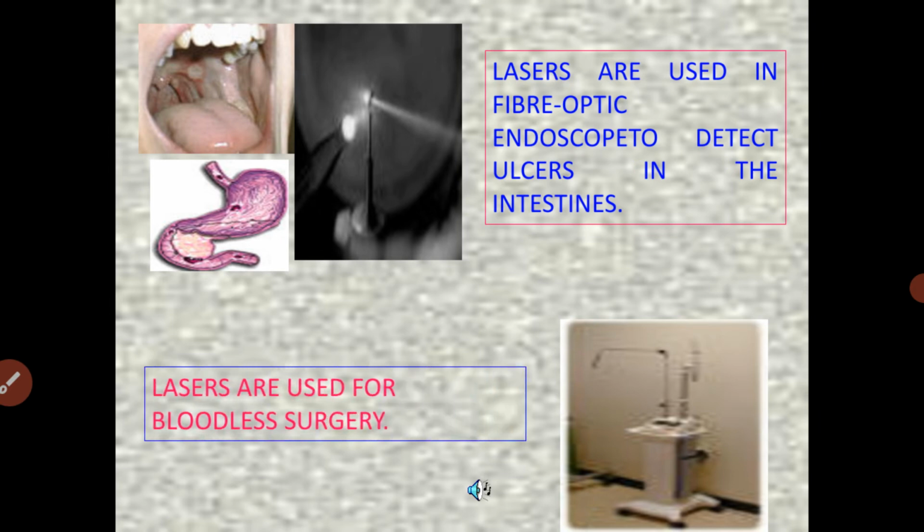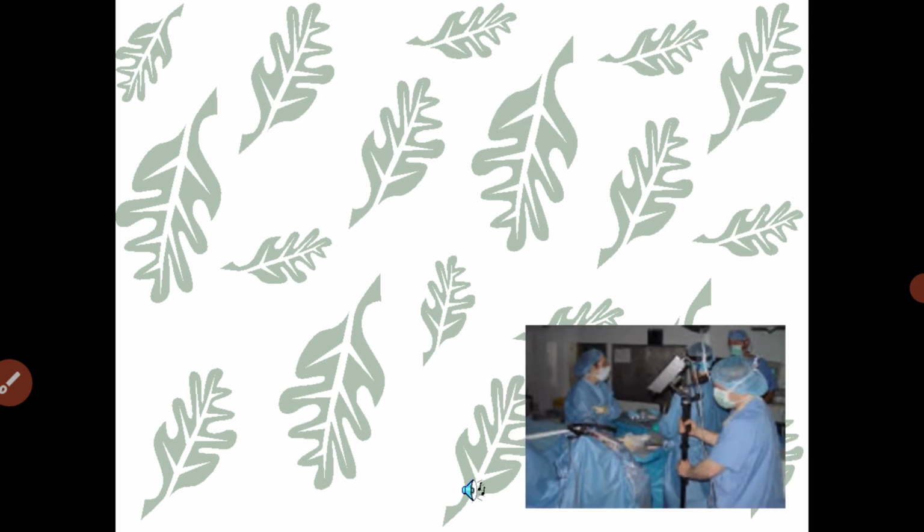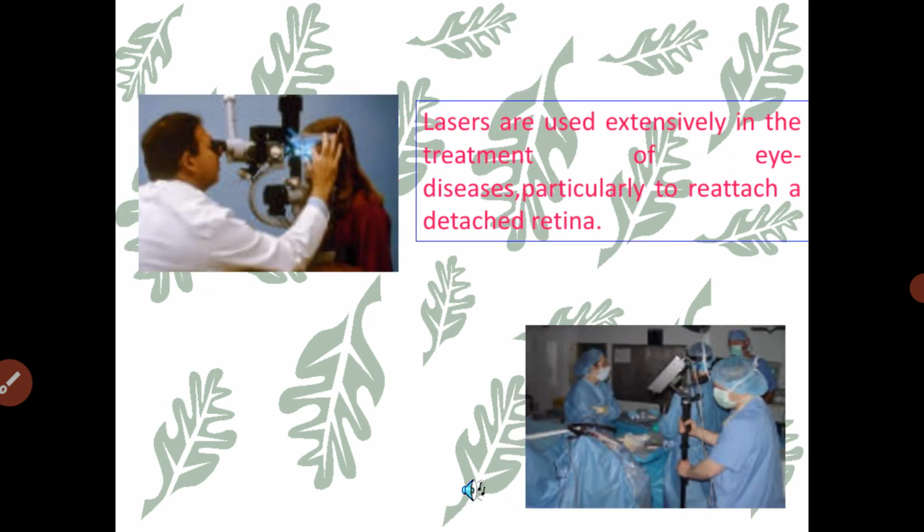Lasers are used for bloodless surgery also, because the laser produces an intense beam of pure monochromatic light. The wavelength of light determines its effect on body tissues, and this defines the clinical role of each laser. Next, lasers are used extensively in the treatment of eye diseases, because nowadays we know that laser eye surgeries are very popular.